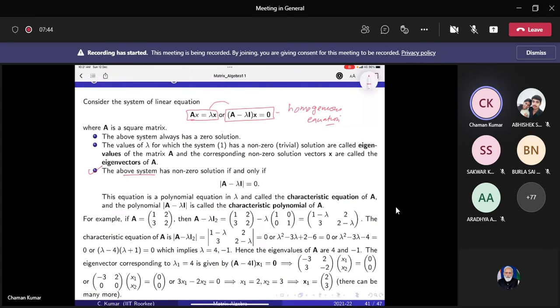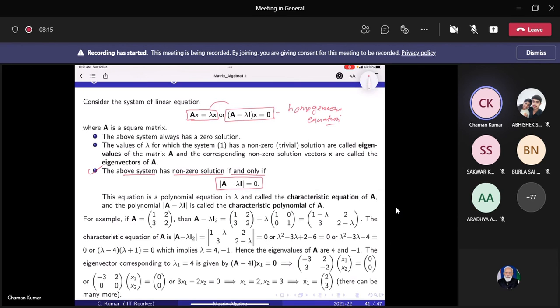The above system has non-zero solution if and only if the determinant of A minus lambda I is 0. If A minus lambda I has non-zero determinant, that means A minus lambda I is non-singular, then trivial solution x is equal to 0 is the only solution of this system, the only unique solution of this system.